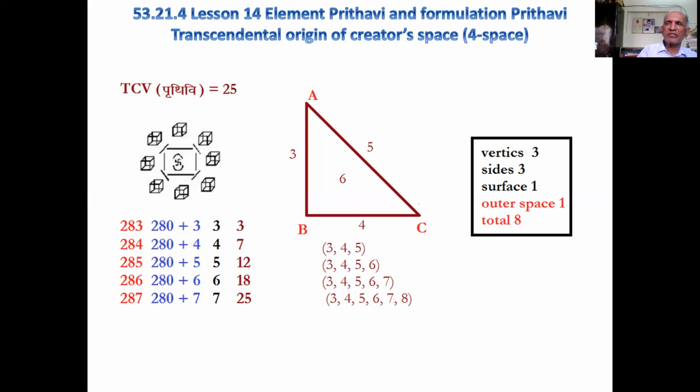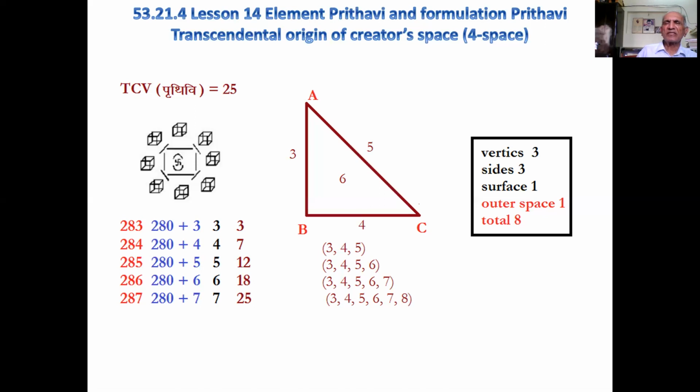Prithvi is the first element. Prithvi as formulation is of TC value 25, and this formulation Prithvi sequentially unfolds as 3, 4, 5, then as 3, 4, 5, 6, then as 3, 4, 5, 6, 7, and finally as 3, 4, 5, 6, 7, 8, as the eighth component of this setup is the outer space of this triangle. ABC triangle is having three vertices A, B, C. It is having three sides AB, BC, and CA.